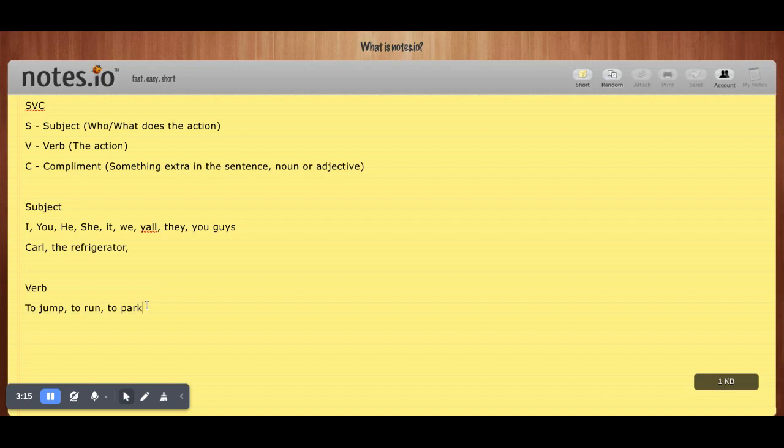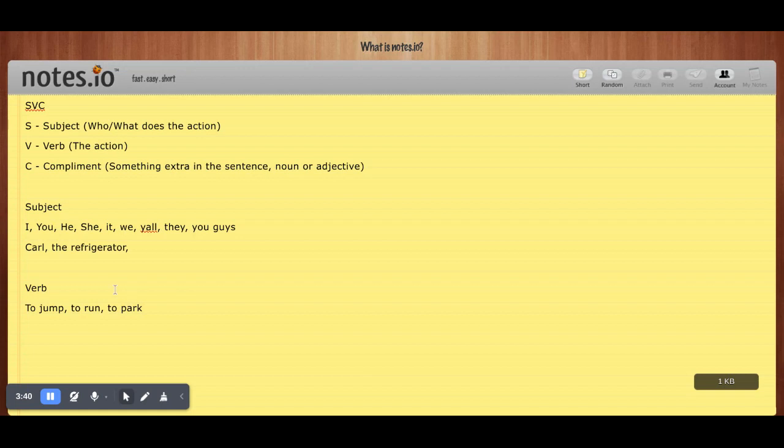And the reason why I'm including a to in front of all these things is to show that it's a verb specifically, because if I said the park versus to park, those are two very different things. The park is where you go to play. To park is to station a car. So you can see that I put a to in front of everything to show that it is indeed an action that we're talking about.